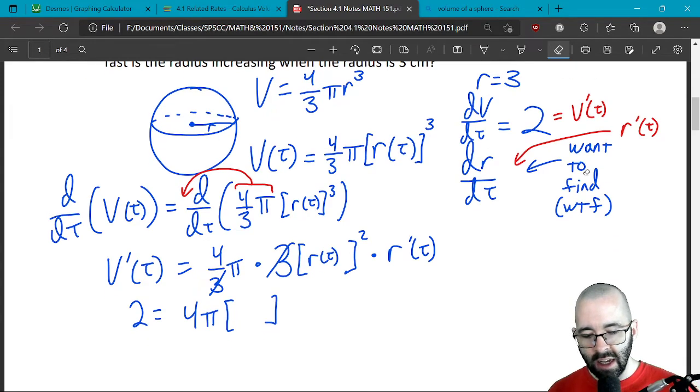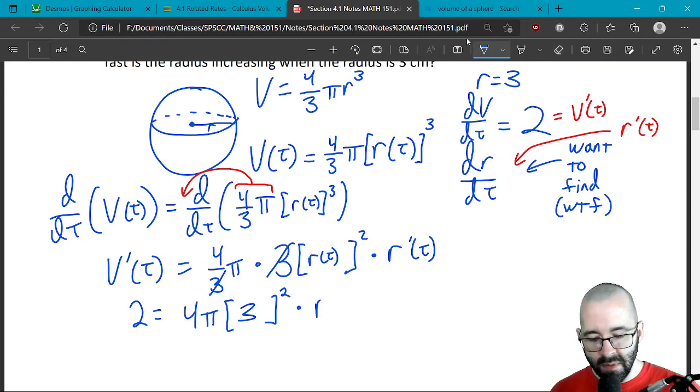So we're looking at this question when the radius is 3 centimeters. Replace that radius with 3 centimeters. It's still getting squared. And we're multiplying by r prime. And r prime is exactly what we want. Let's write it as dr dt. Let's try to be a little bit more consistent.